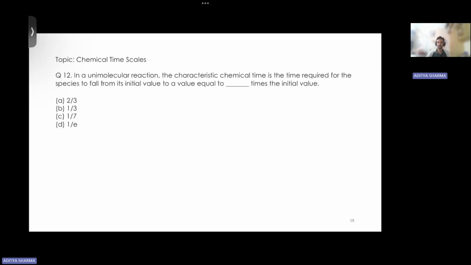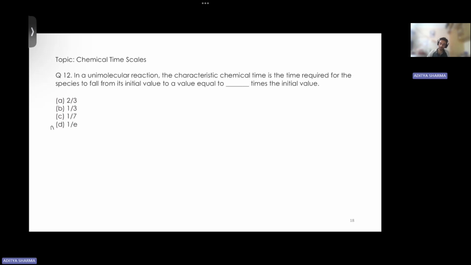E here is the Euler's number. So the correct answer to this question is option number D. It is the final value when the final value is 1 by E times the initial value.